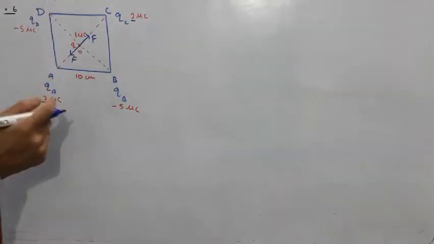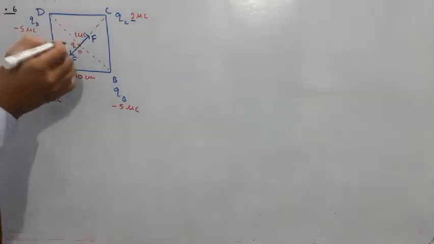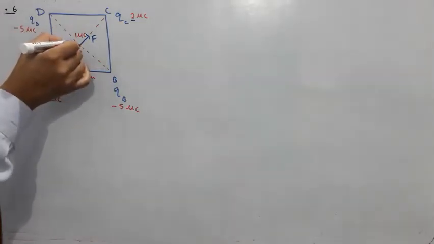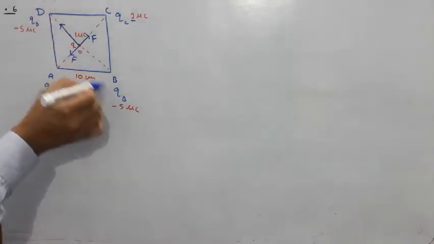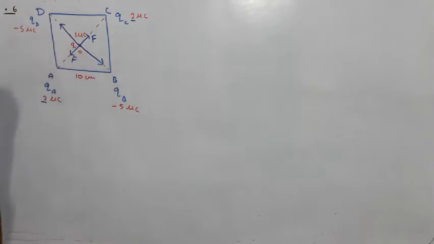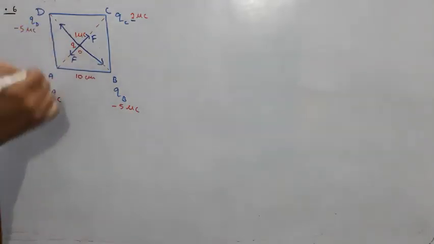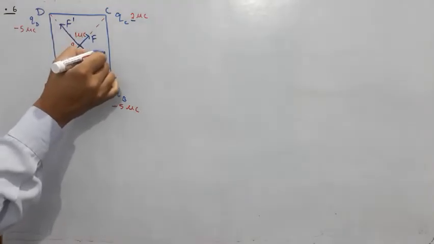Minus 5 microcoulomb will attract this charge in this direction, and this will also attract but in opposite direction towards them. This force, I'll call it F dash. This is also F dash.